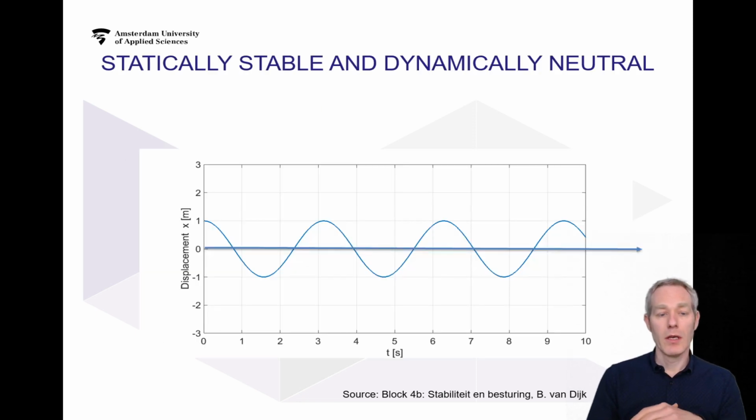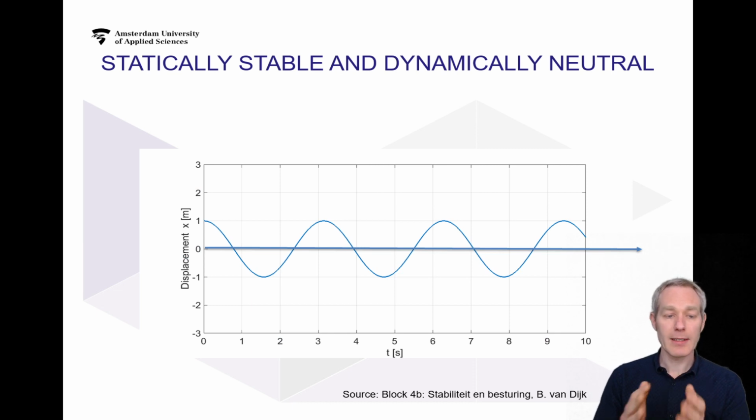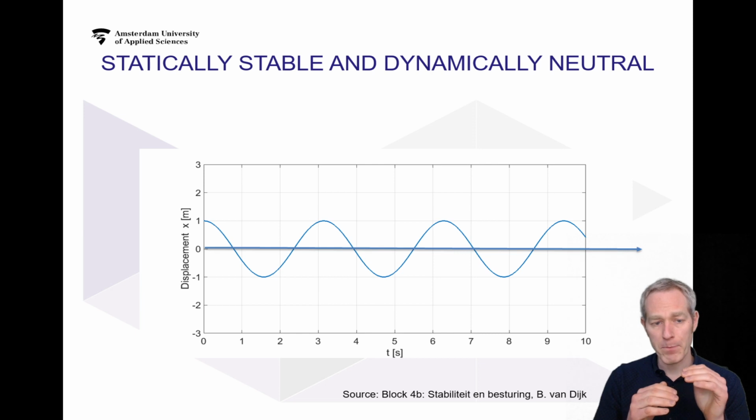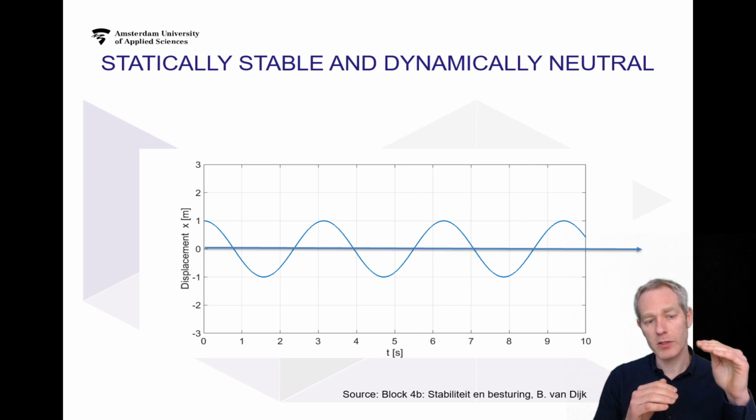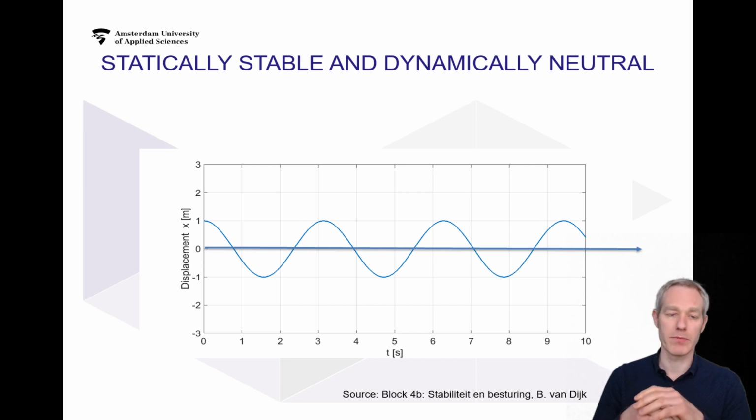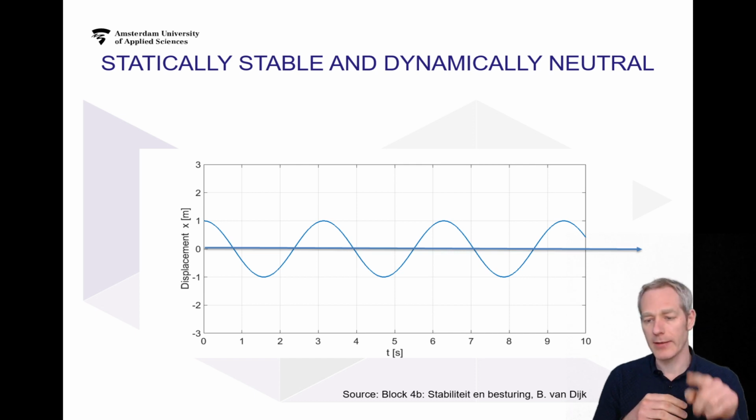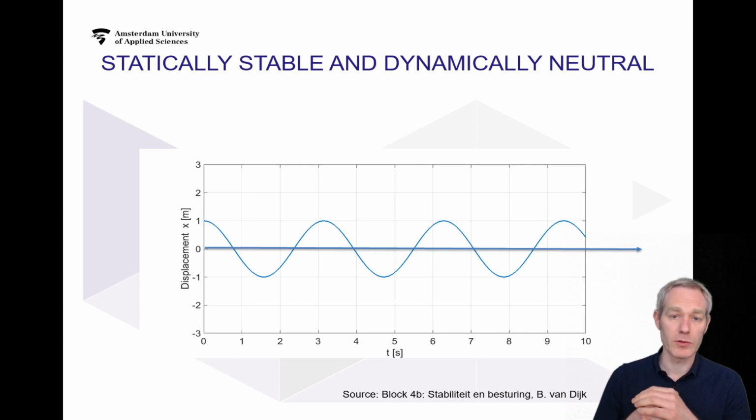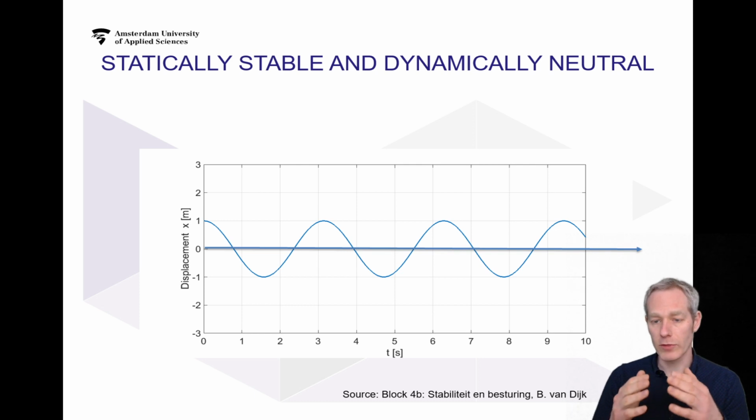Now, here we have a statically stable system because we see that it's been perturbed from 0 up to 1, but its initial response is to go back towards the equilibrium position. Now, in time, yes, it is going back, but it's oscillating with a constant amplitude. So it is not returning to its initial state over time.